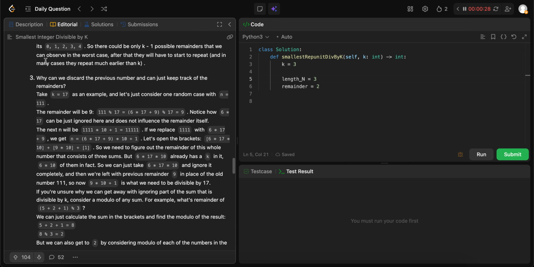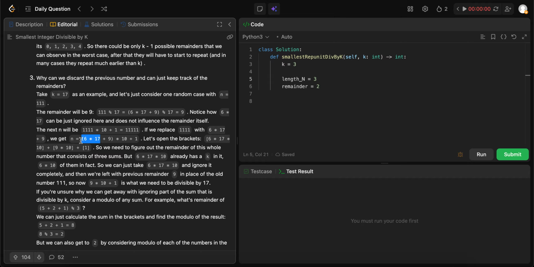Let's read number 3. Why can we discard the previous number and just keep track of the remainder? Take k equals 17 as an example. Let's consider one random case with n is 111. The remainder will be 9. I'll believe that. Notice how 6 times 17 can be, wait, what? Well, yeah. The next n will be 1111 times 10 plus 1. If we replace 1111 with 6 times 17 plus 9. Okay, this is what I need.